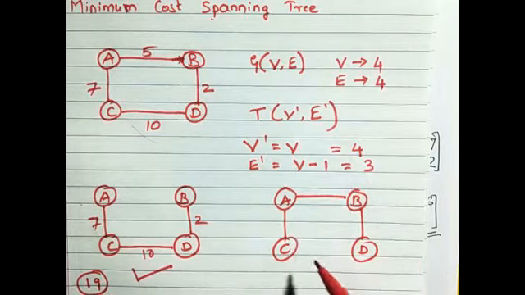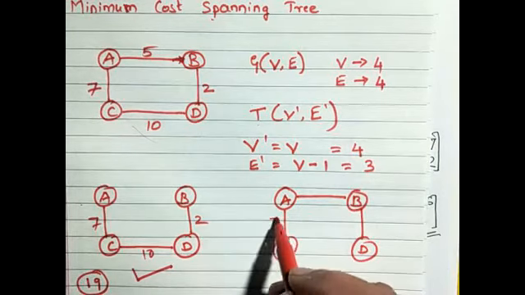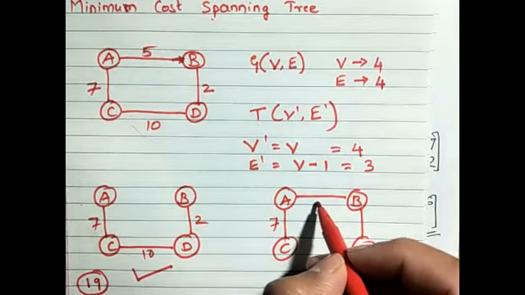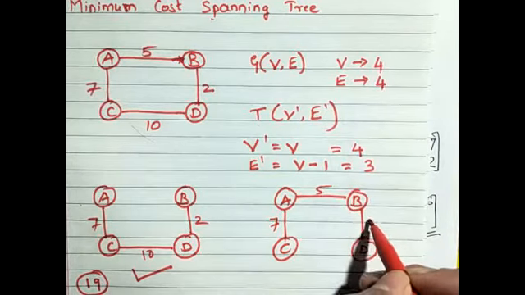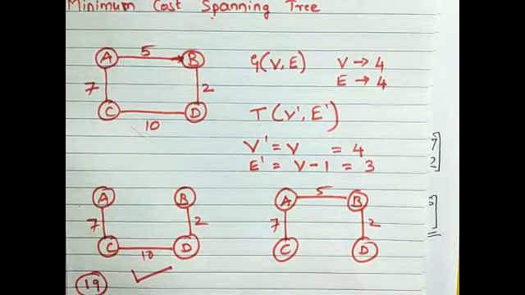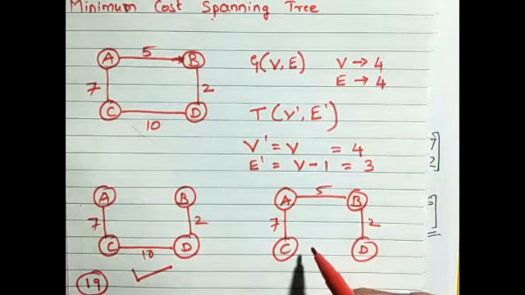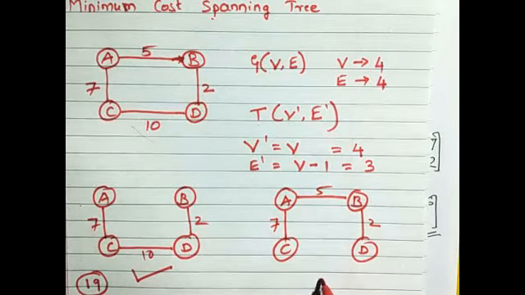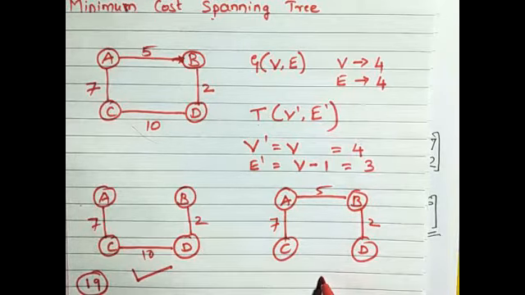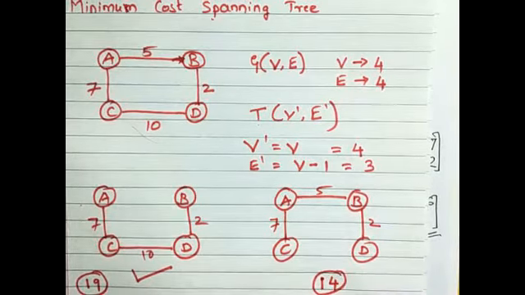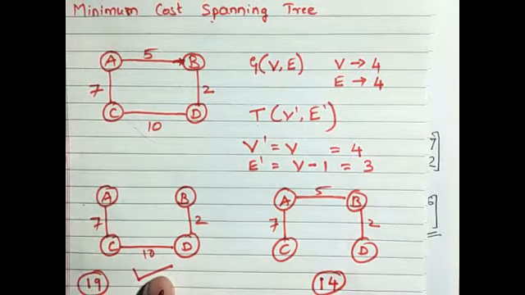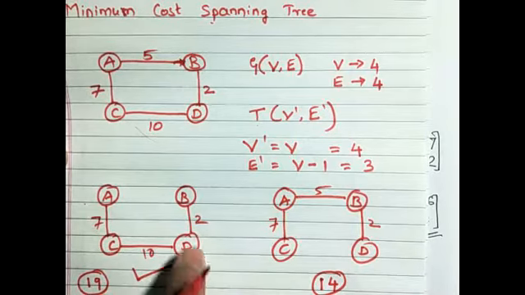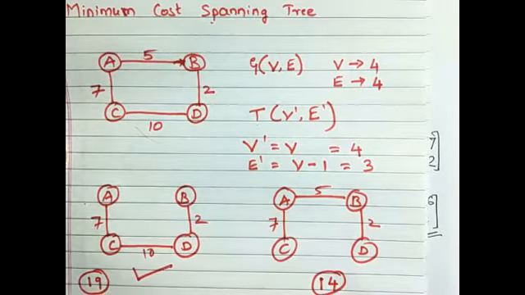What is the cost of this spanning tree? It is the sum of the costs of the individual edges, that is 7 plus 5 plus 2, which turns out to be 14. So 14 is the total cost here. When I derived one spanning tree, the cost came as 19.